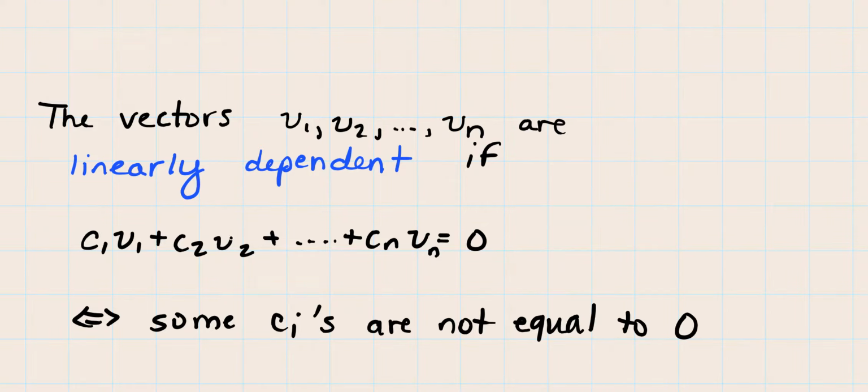So when we have a linear combination of these vectors and we get the 0 vector, plugging in 0 for each one will give us the 0 vector, but also we can plug in at least one non-zero number for one of these c's and still get the 0 vector.